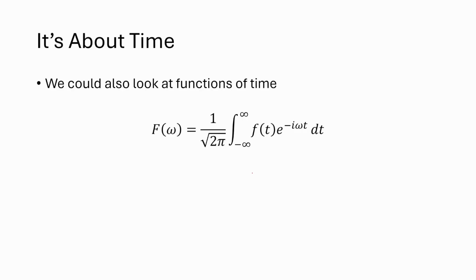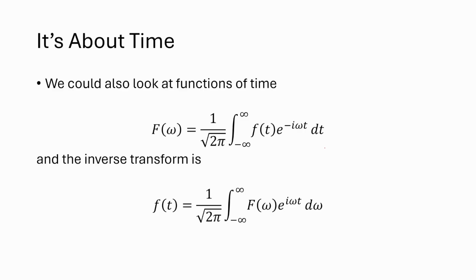Now, the first thing I want to say about this is the math is exactly the same. We're literally just renaming our variables. The way you think about this conceptually might be a little bit different, but even so, the concepts are almost entirely the same. What I'm basically trying to say here is it's actually not a big deal. It's going to be very, very similar to what we've already looked at.